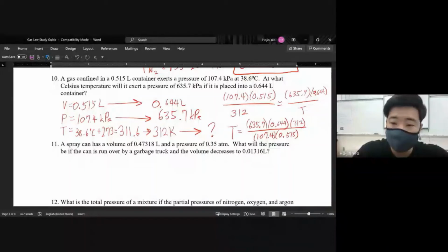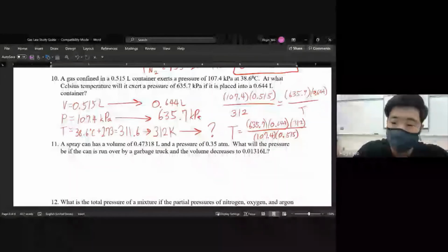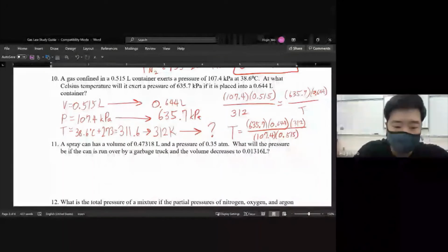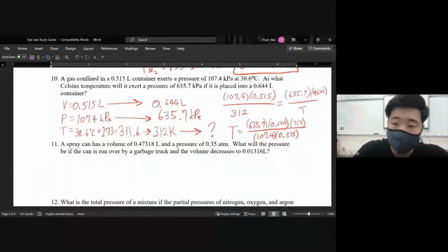So once you solve this out, divided by 107.4 divided by 0.515, that should give you 2309 Kelvin.